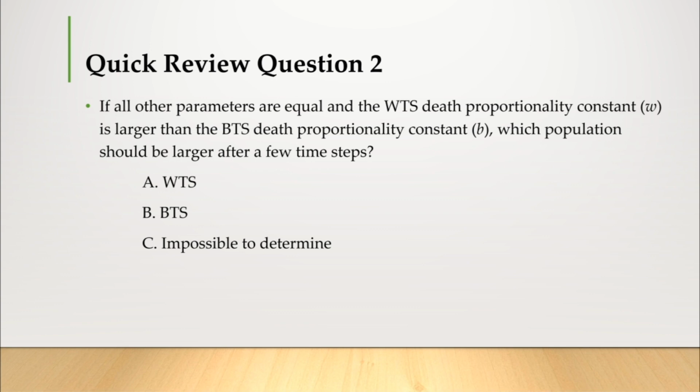The death proportionality constant of white tip sharks is greater, right? And the death proportionality constant of black tip sharks is less, right? Which population should be larger after a few steps of time?